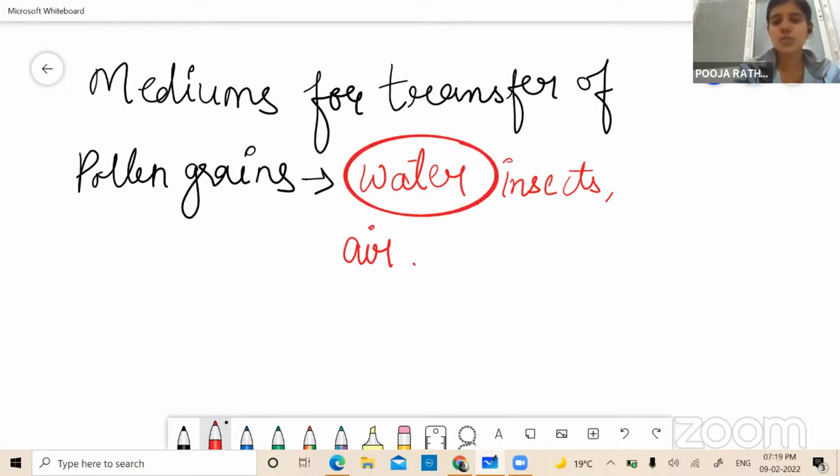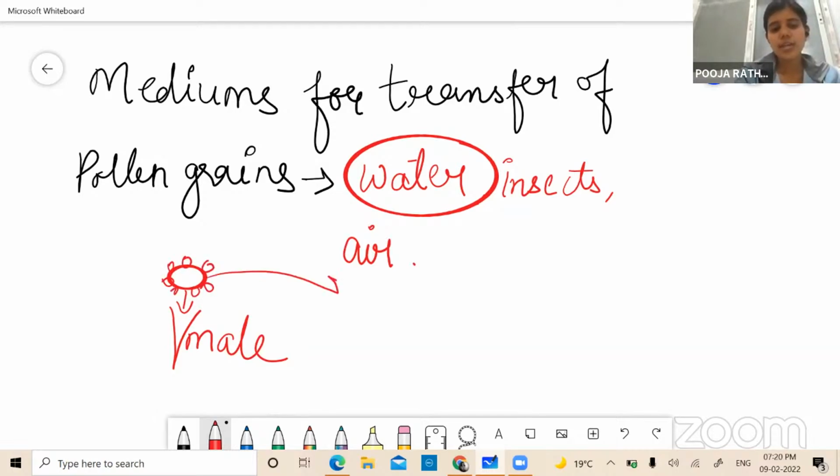Now, how is it transferred through water? The plants which reproduce in water have their pollen grains transferred through water only. So in this way, water transfers the pollen grains. Also through insects: the insect comes and sits on a particular plant, like this male plant, and pollen grains stick to its feathers.